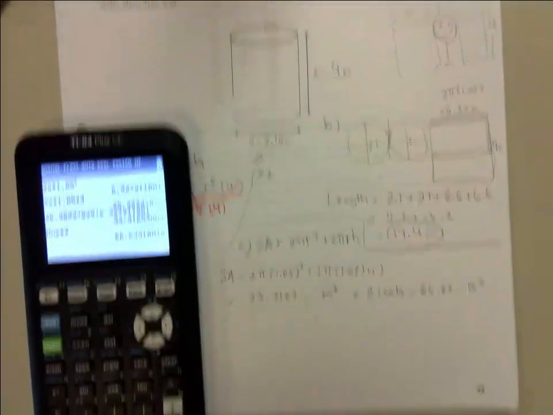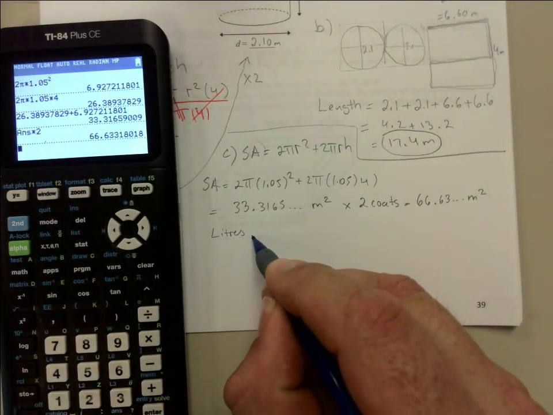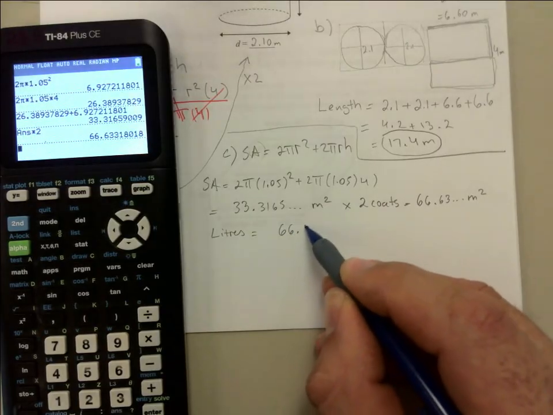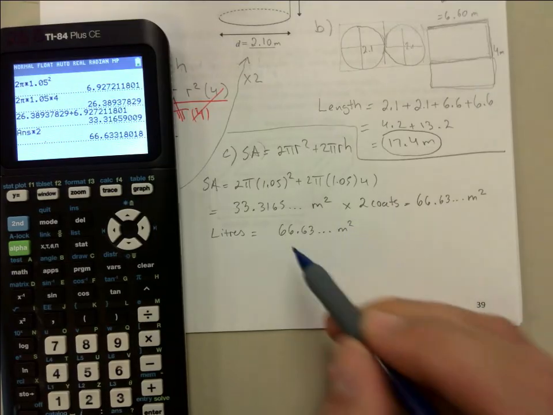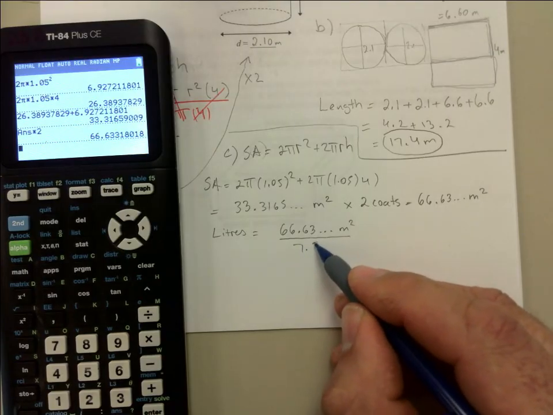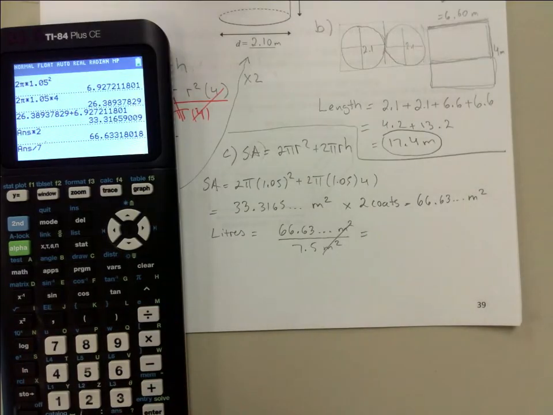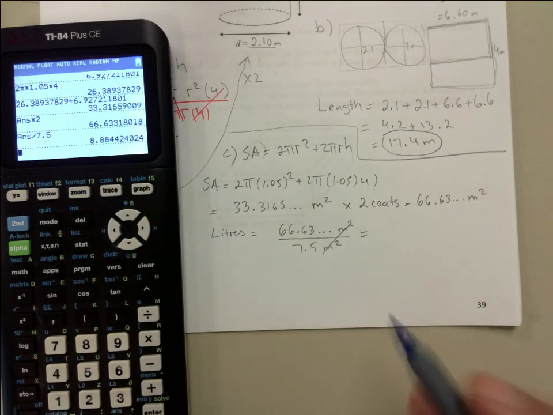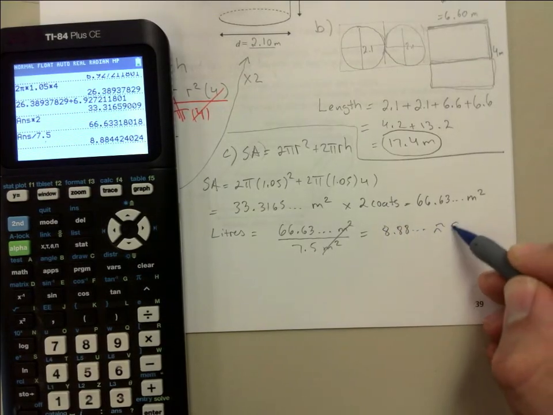Let me zoom in and bring this down a bit. For liters, I'll take what 1 can would need in terms of paint for 2 coats and divide it by 7.5. That's how much 1 liter covers. So I'll go divided by 7.5. That's 8.88 something, which is approximately 9 liters.